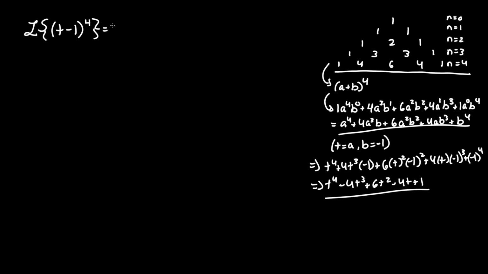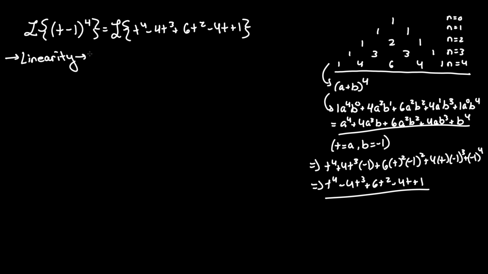So let's put that inside the Laplace. And through linearity, we can separate every term being added with each other. So we'll have 1, 2, 3, 4, 5 individual Laplace transforms.